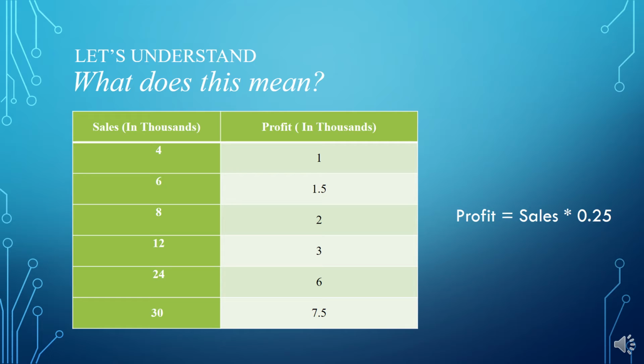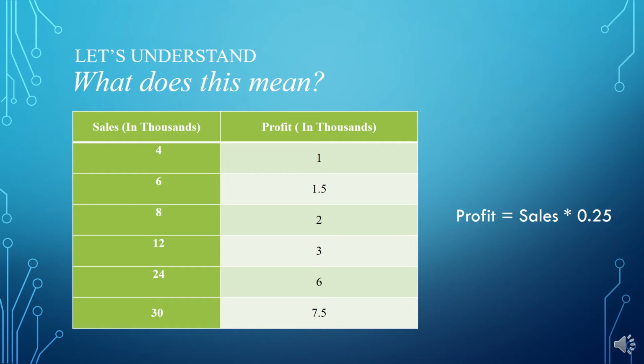When you have sales of 6,000, you received a profit of 1.5 thousand, i.e. 1500, and so on. Now, using this data, could we predict the profit when the sales is greater than 20,000 or when the sales is at 25,000? So this is exactly the problem of linear regression.